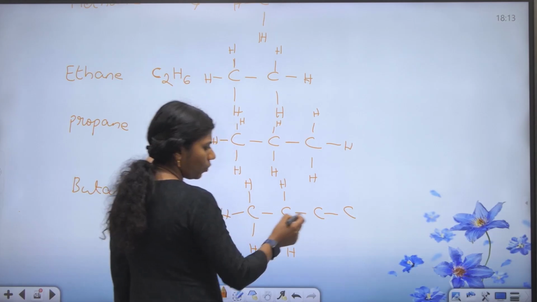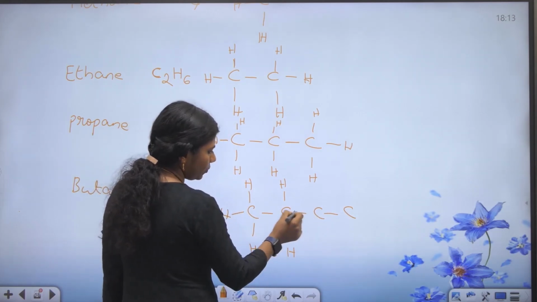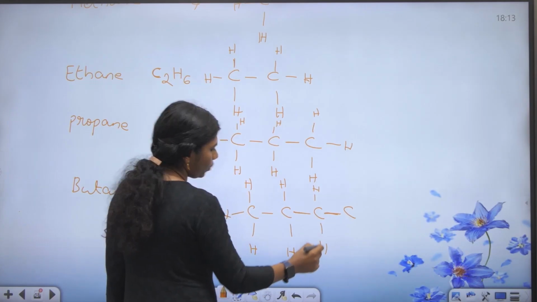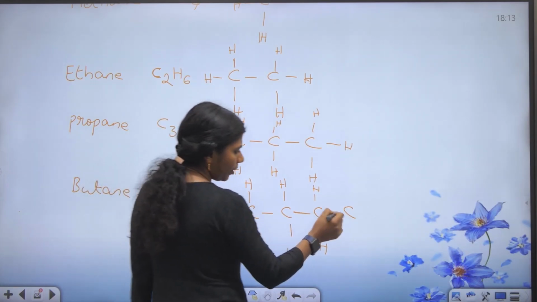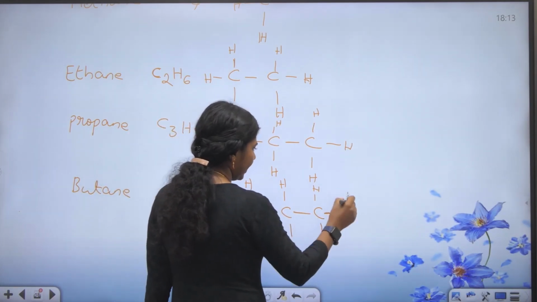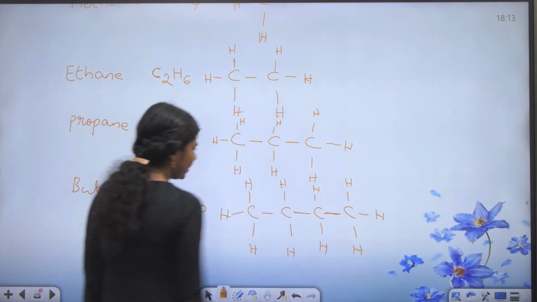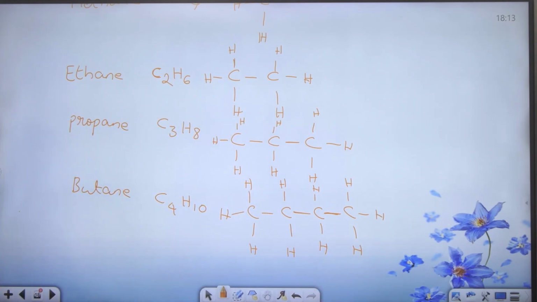The third carbon atom also satisfies 2 valencies, and the remaining 2 are satisfied by 2 hydrogen atoms. The last carbon atom satisfies only 1 valency and the remaining 3 are satisfied by 3 hydrogen atoms. This is the structure of the butane molecule.